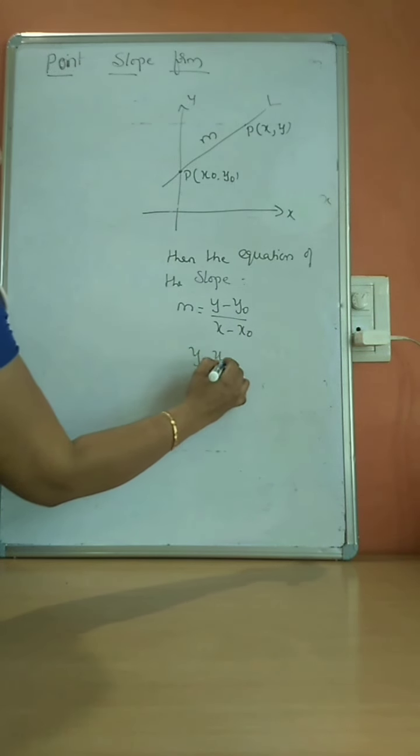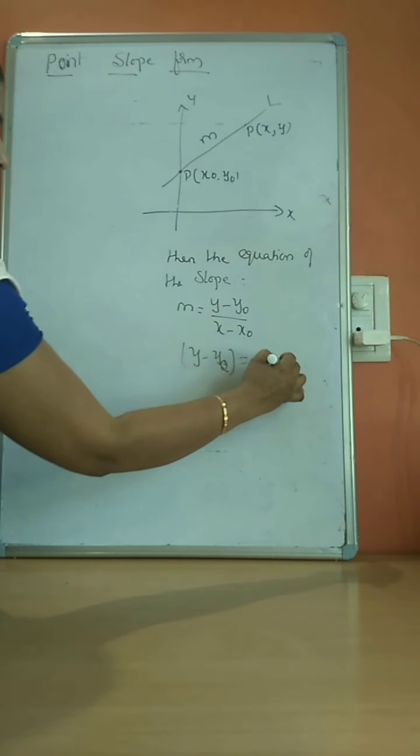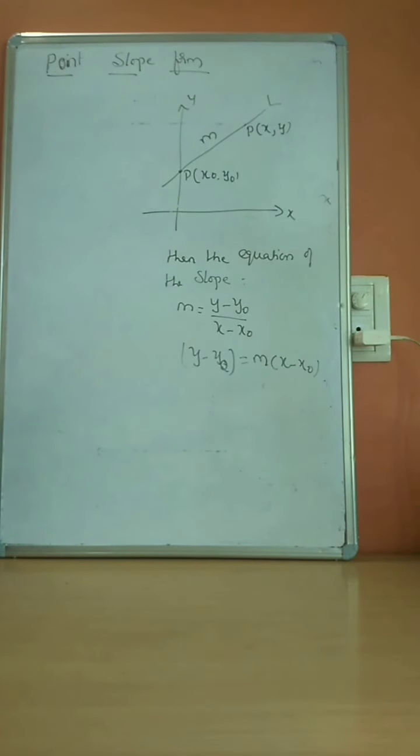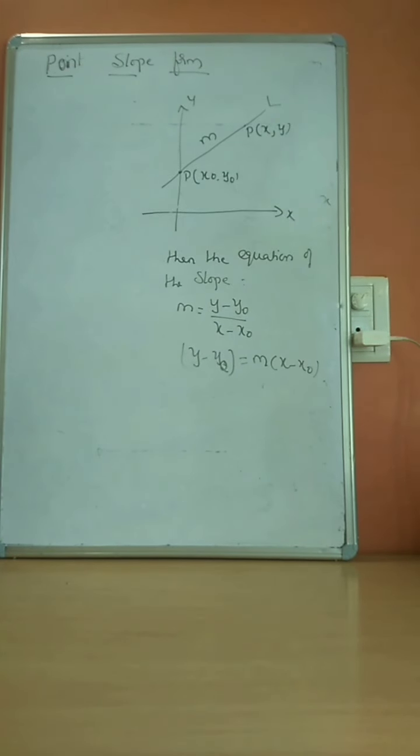Therefore, y minus y naught must be equal to m into x minus x naught. When we say point slope form, we have to remember the formula y minus y naught must be equal to m into x minus x naught.